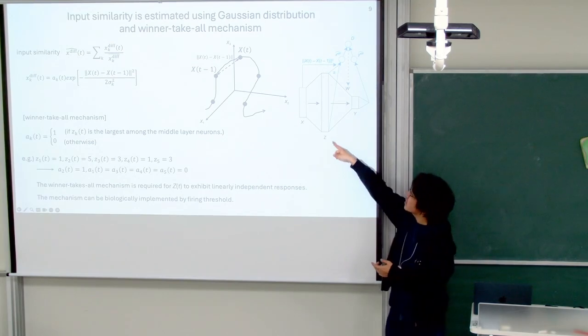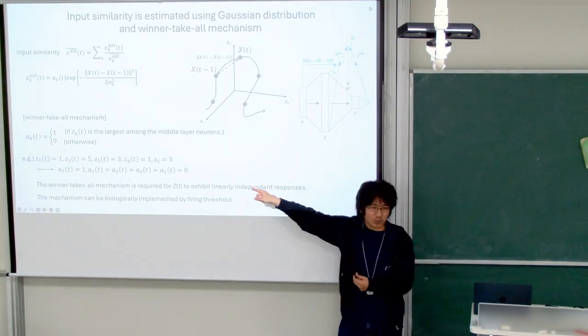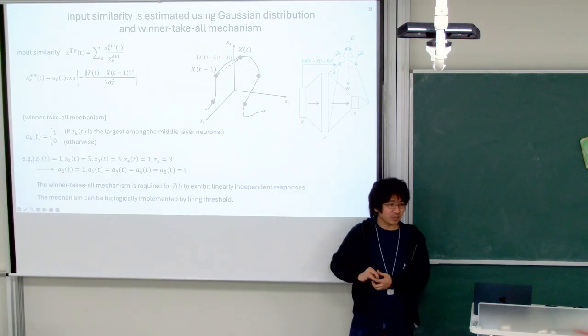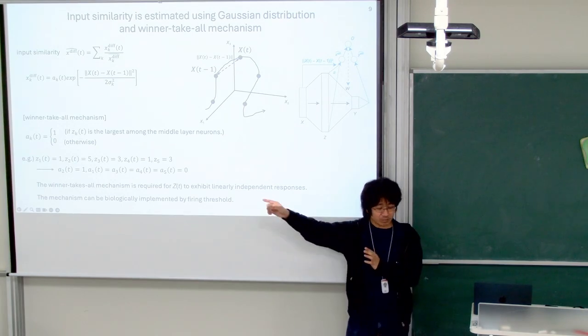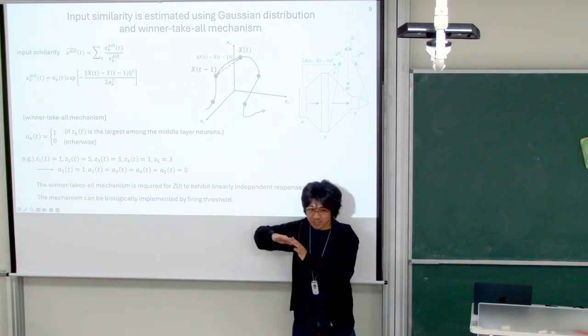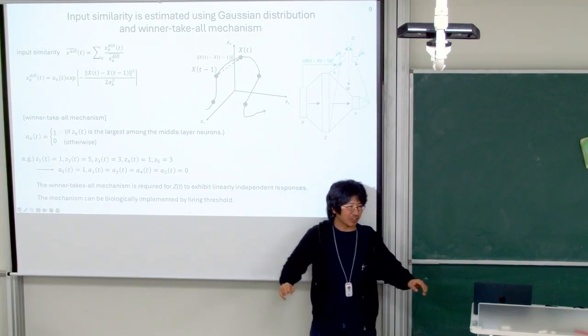Index k is the number of each neuron. So that means winner-take-all corresponds to firing a single neuron, and the other neurons don't fire.